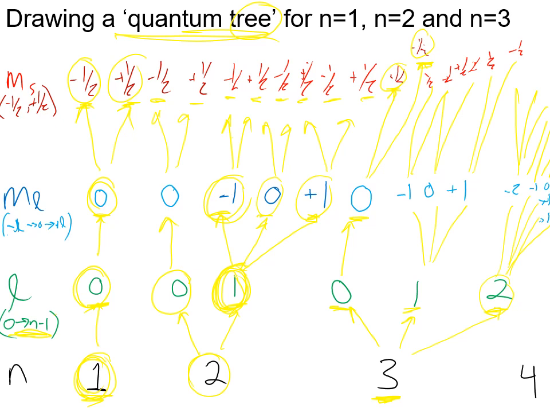So, quick summary before we go any further. Again, think of the rules for quantum numbers as an address for the electron. Every single electron is going to have one bit of information for each of these values. You're going to have a bit of information about which energy level it's on, which shape it has, which orientation it's in within that shape, and then which of the two possible spins it would have within those.